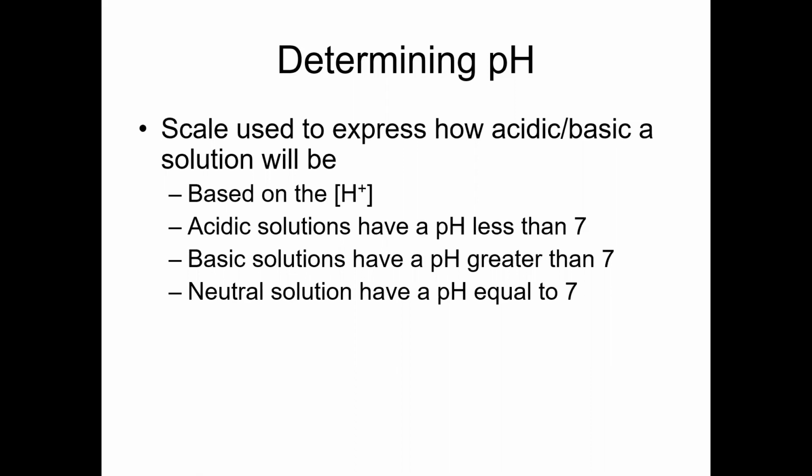If a solution is acidic, its pH is less than 7. If it's basic, the pH is greater than 7, and 7 is our neutral point. So pure water should have a pH of 7.